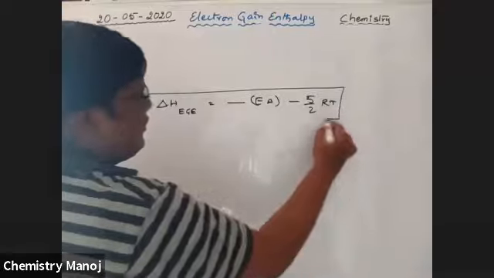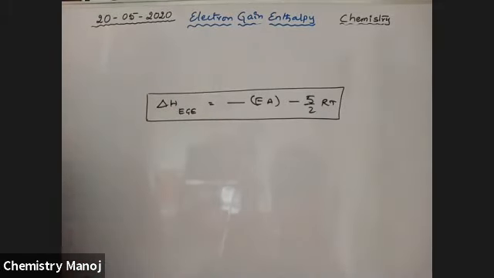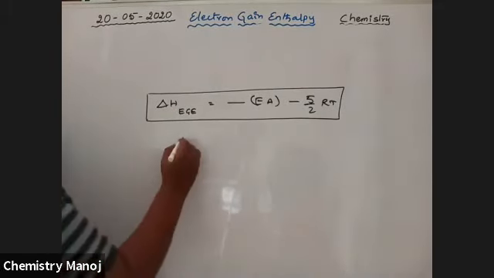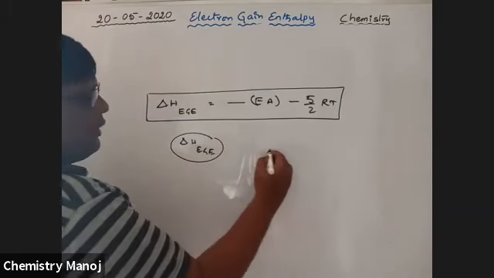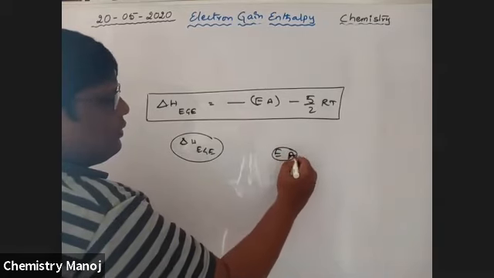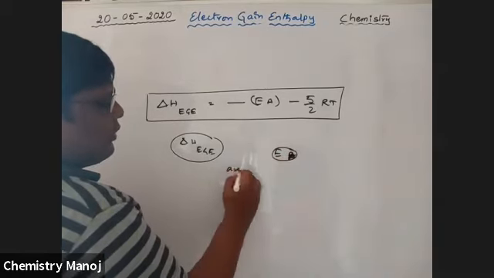It is the relation between electron affinity and electron gain enthalpy. So delta H of electron gain enthalpy and electron affinity of an element are opposite.